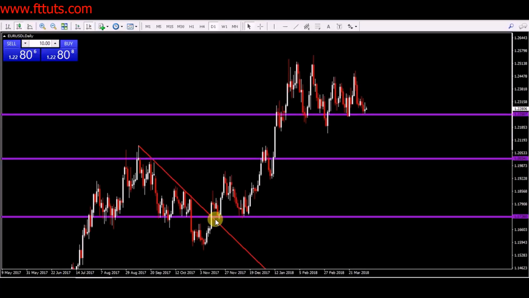It came down to a strong support resistance area, came back up above it, and also closed above on the daily chart, a strong bullish candle above the trend line that you have in place.